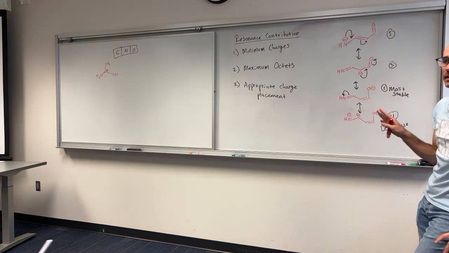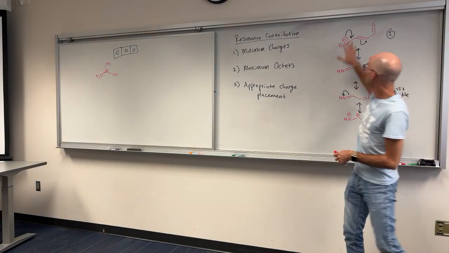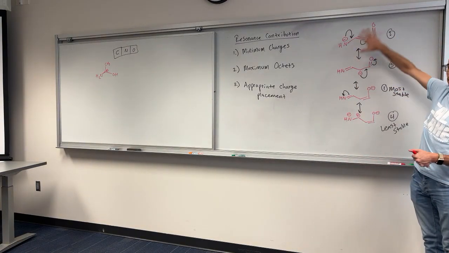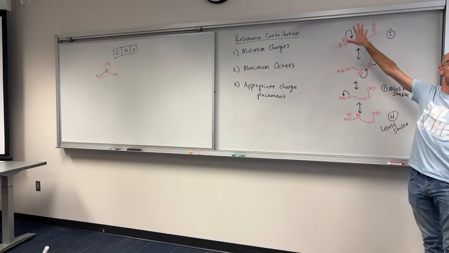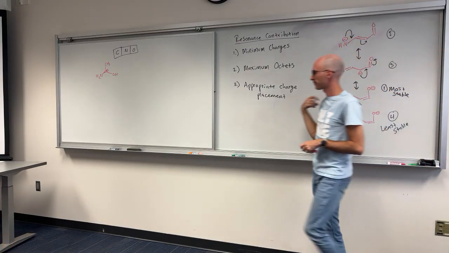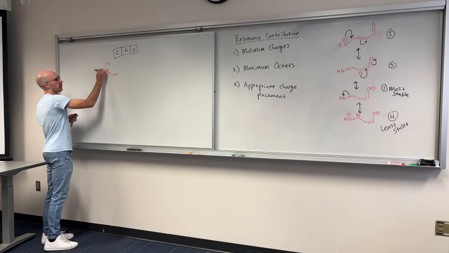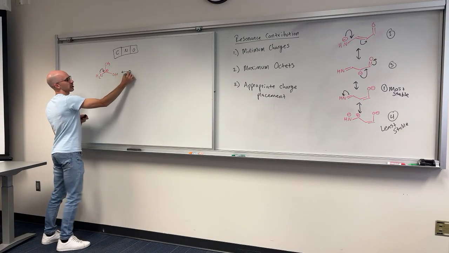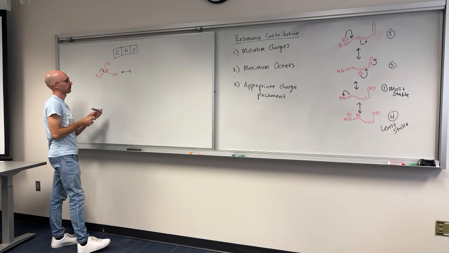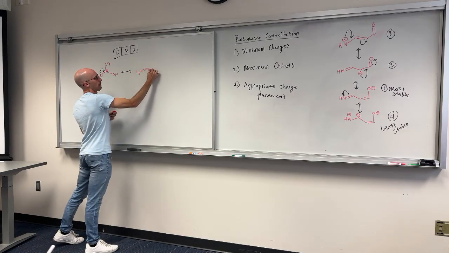The charge is going to be consistent in this one. So we're not going to be looking to minimize formal charge. You guys noticed that here we never actually dealt with maximum octets. They all had full octets. Here, I can show a resonance form where nitrogen shares a lone pair and makes a double bond to the carbon.